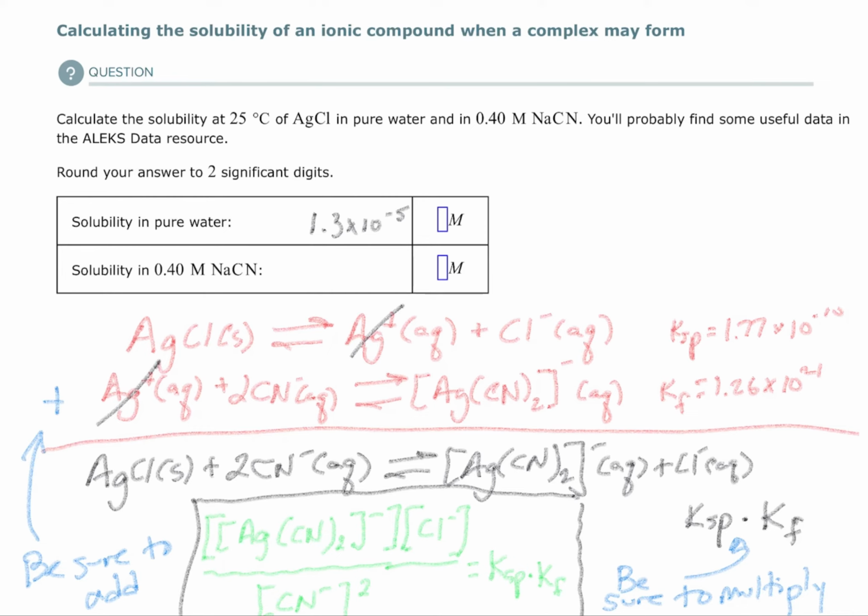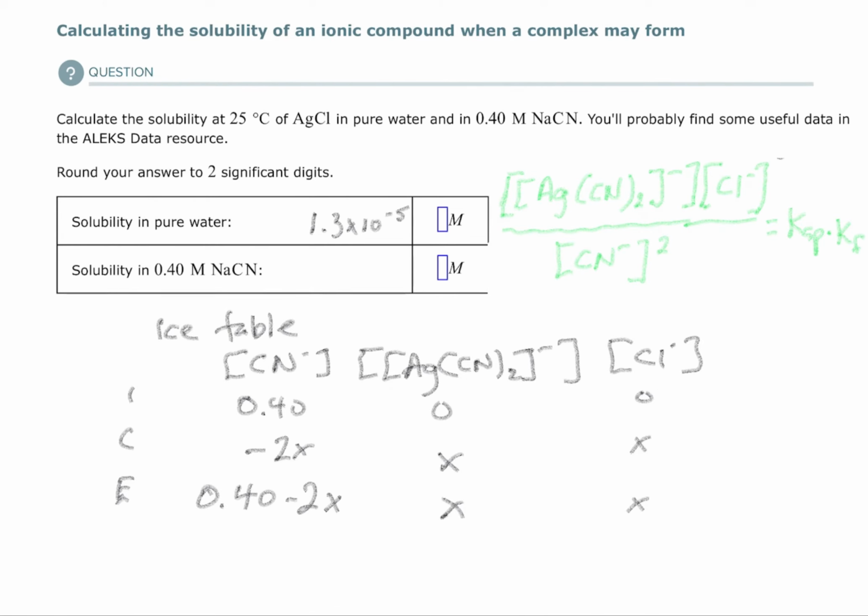So here is the new expression: you've got your silver complex times the chlorine ion divided by the square of the cyanide ion equals the product of KSP and KF.